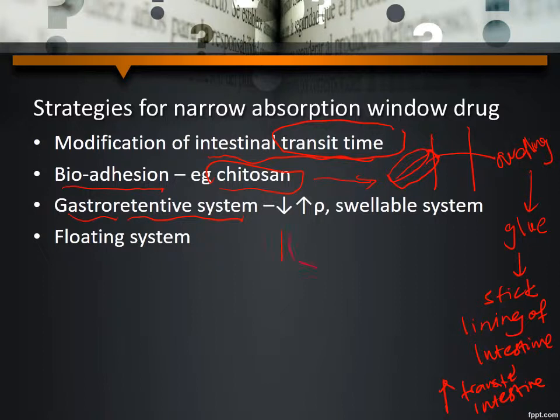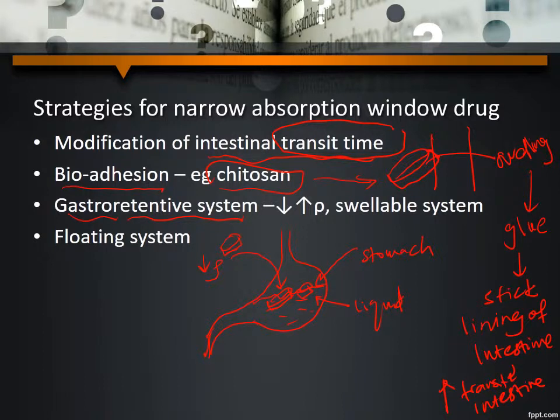Or we can use a gastro-retentive system. For example, if you want a low pH for a better absorption, you will maintain the drug in the stomach. According to that theory, the stomach has some liquid, and if you have a tablet with a low density, you put it in here and the tablet can float on the liquid.